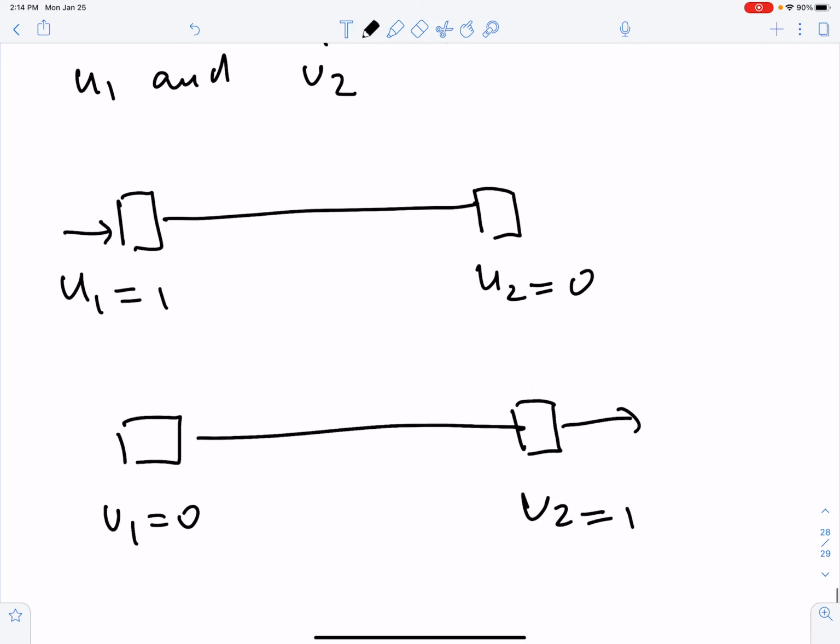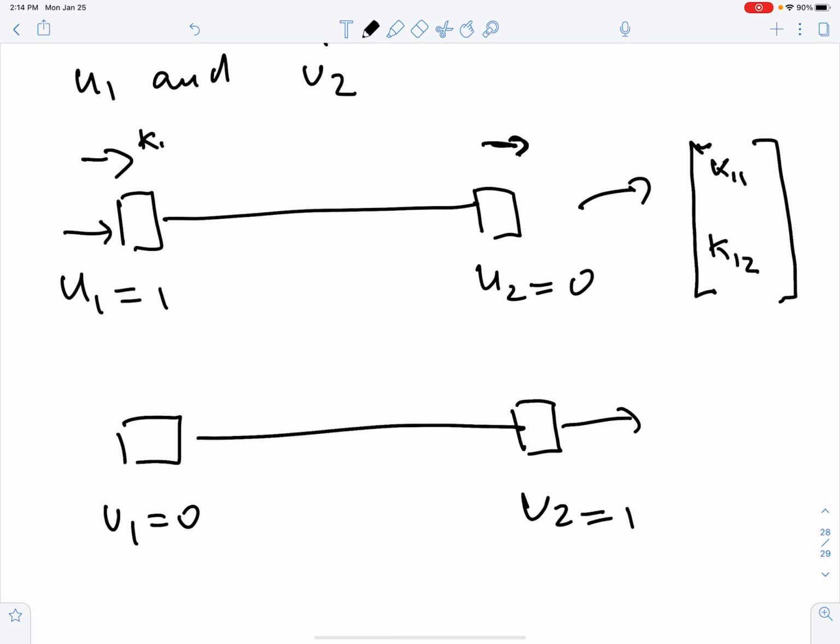So what this will do, the situation will give me two forces, which I will call K11, which will be the force at this node here, and it'll give me K12, which will be the force at this node there. K11, not 1, 2, I apologize, I'm going to call it 2, 1.